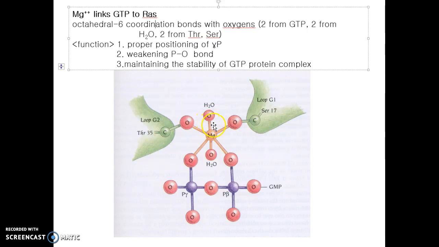In the Ras structure, magnesium has 6 coordination bonds with oxygens: 2 from GTP, 2 from water, and 2 from threonine and serine.